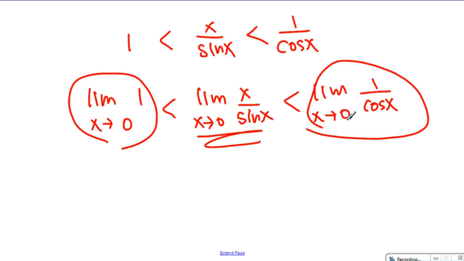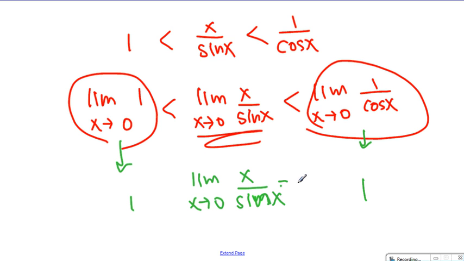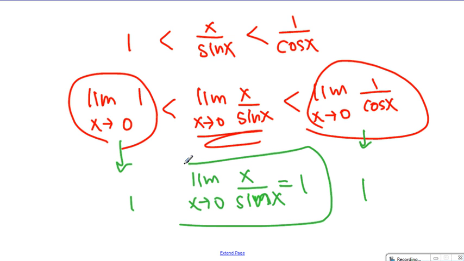As x approaches 0, the upper boundary approaches simply 1. The lower boundary is 1. In order for this number to be between 1 and 1, the only thing that's possible is when this limit of x over sine x, as x approaches 0, is equal to 1 also. This is called the squeeze theorem, meaning the upper boundary and lower boundary are squeezing the value inside to be one particular value, in this case 1.